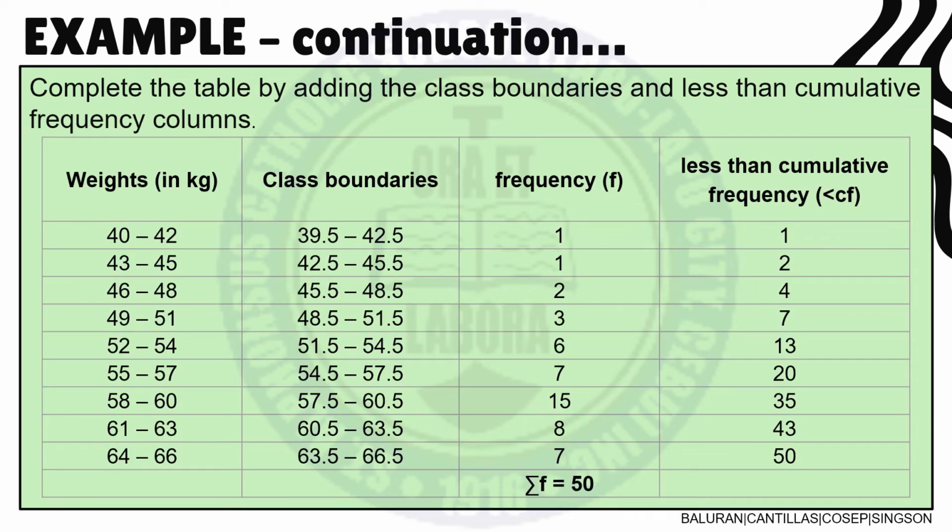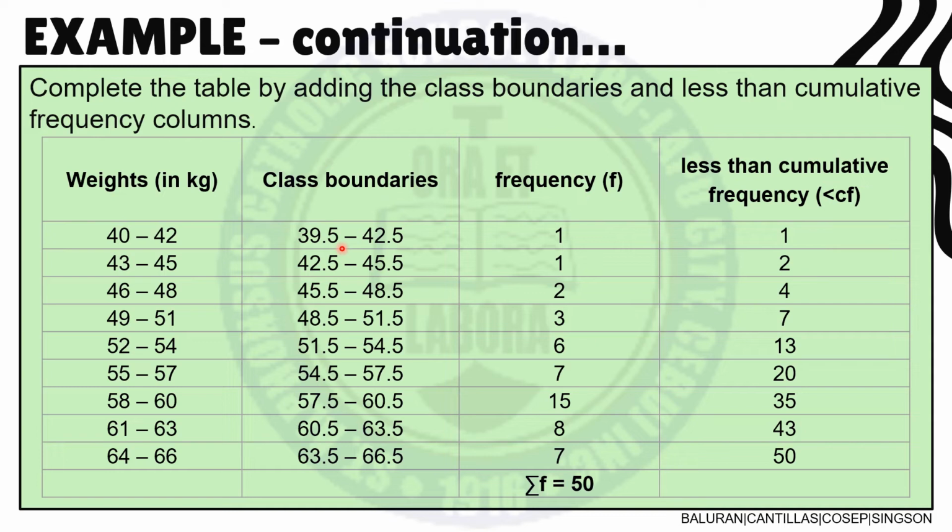For class boundaries, we will be using our class limits 40 to 42, and so on and so forth. So that we can find our class boundaries, we will be using our lower limit 40 and subtract 0.5 so that it becomes our lower boundary 39.5.